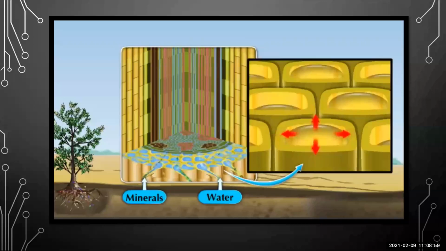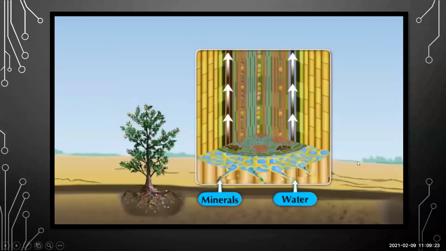So as a result of this, they will exert pressure on the adjacent cells. We can see here these are the arrow marks. If this cell is turgid with water, water fills inside it fully, then it will exert pressure on the adjacent cells which are present at its sides, and this is called root pressure.